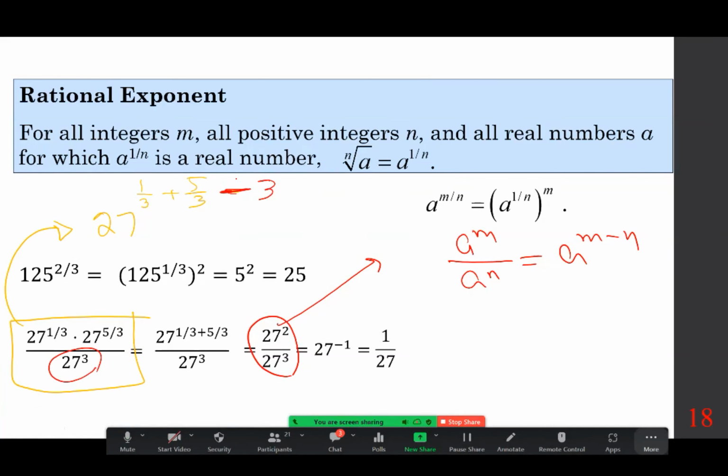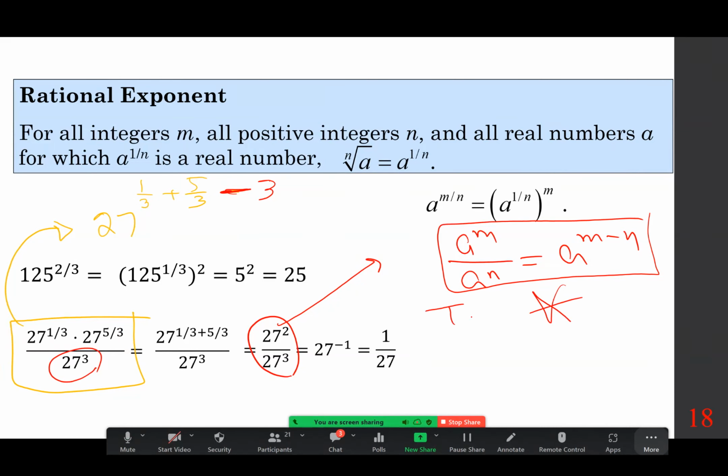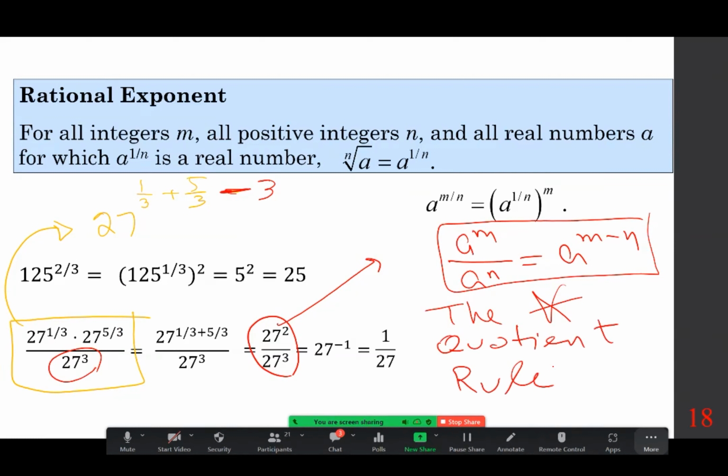Okay, this is known as the quotient rule. The quotient rule. Okay.